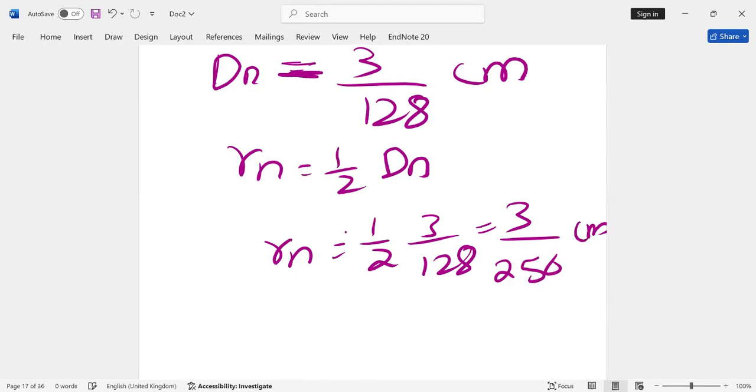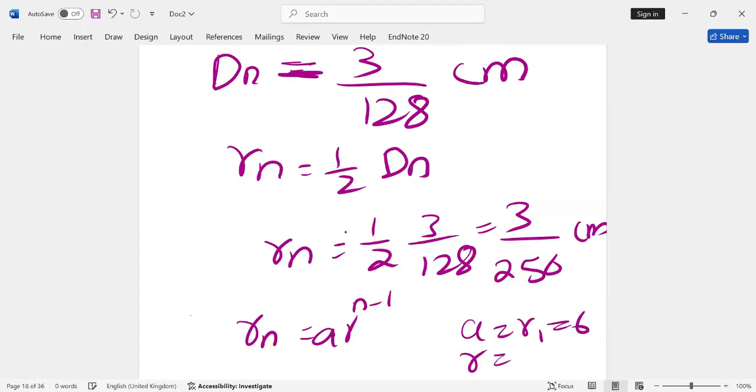Okay. So the general term for the radius sequence is Rn equals a r power of n minus 1, where a equals R1, and this is equal to 6, and r equals 1 by 2.